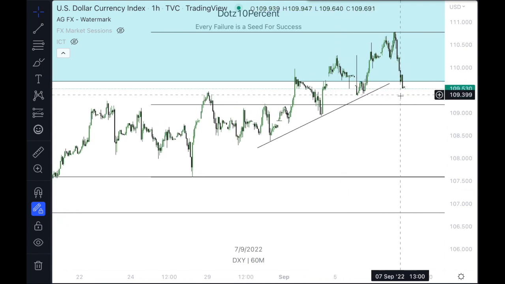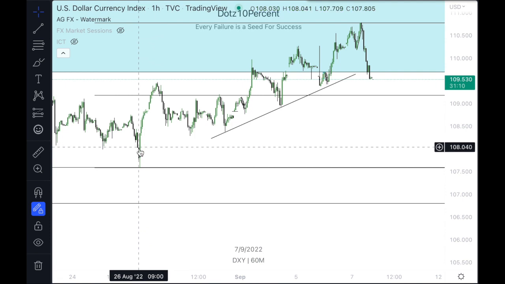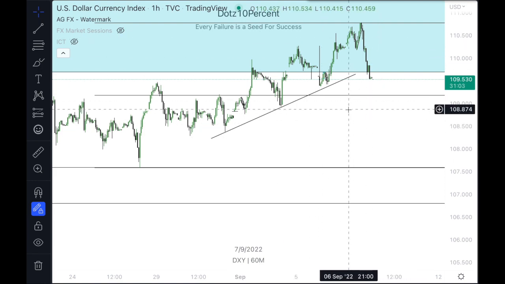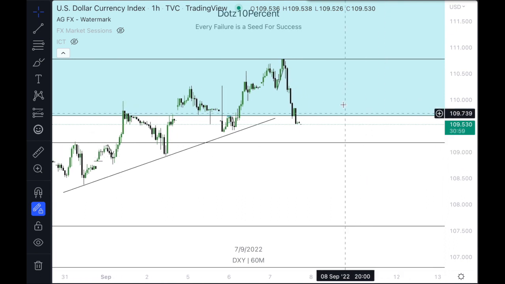But if it just simply trends down, we come here, we take out this low, and then we have strong displacement once we react to this 1 hour order block, this fair value gap, displacement upwards, then that'll show me price is probably heading for new highs, left equal highs here on the 1 hour.